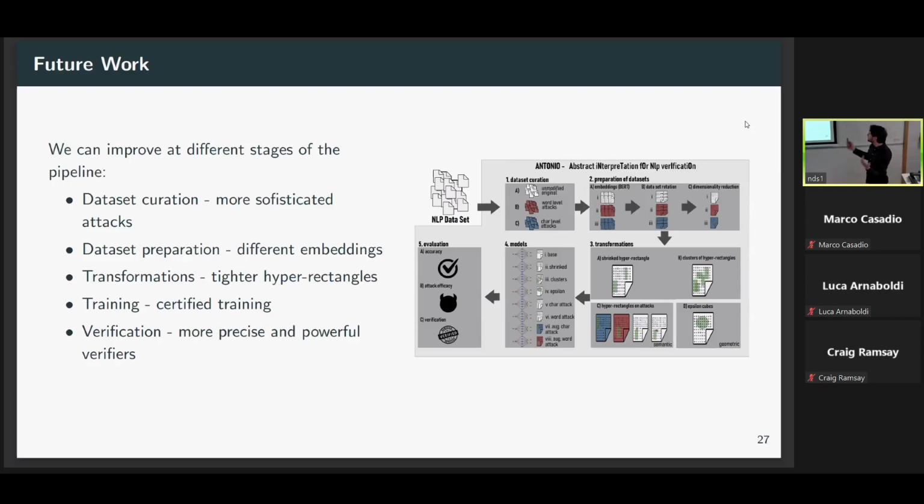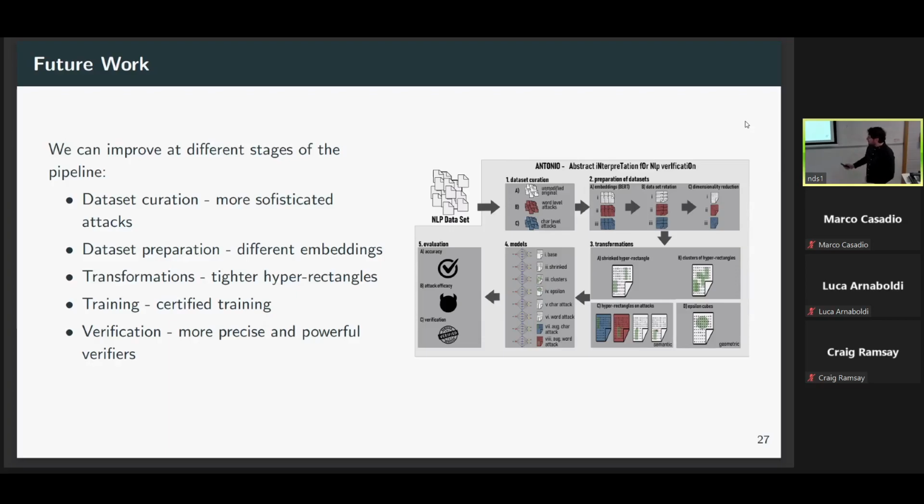Or we can even imagine some other transformation we want to apply. Well, we can try to think and define some tighter hyperrectangles or even more semantically caring hyperrectangles. That's another point we can work with.